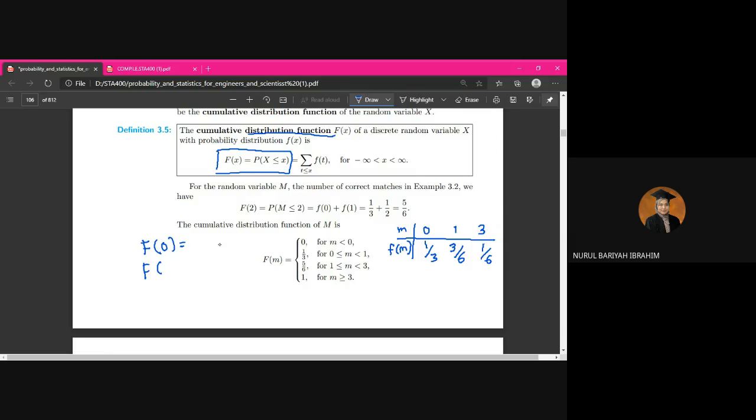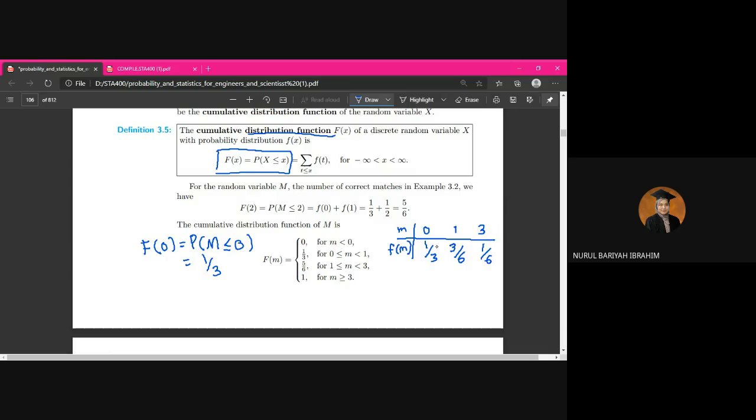Capital Fx adalah probability of x less than or equal to some value of x. So it will be probability of M, sini kita punya variable M less than or equal to 0. Di sini sebab di sini 0. So less than or equal to 0 is here 1/3.